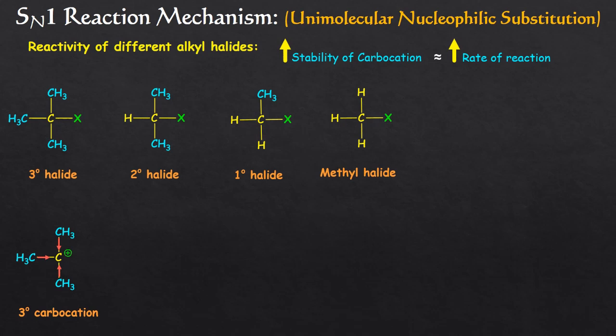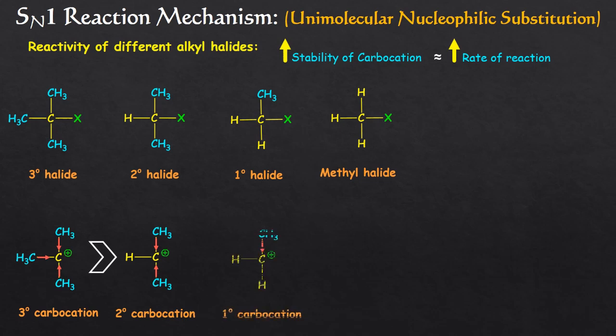Here the tertiary carbocation is highly stabilized by the plus I effect of 3 methyl groups that will provide partial negative charge towards the carbocation. The secondary carbocation is stabilized by the plus I effect of 2 methyl groups, while the primary carbocation is comparatively less stable because only one methyl group is there. Here, the methyl cation is least stable as there is no inductive effect.